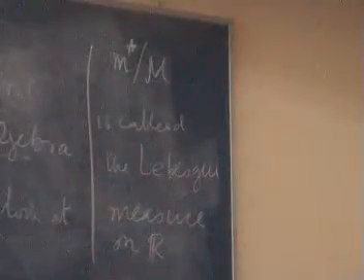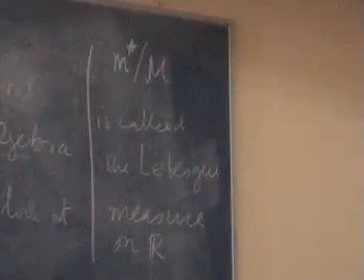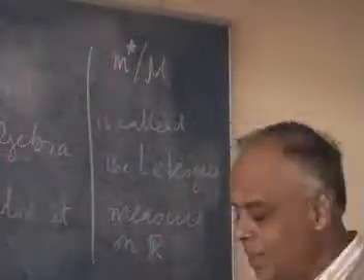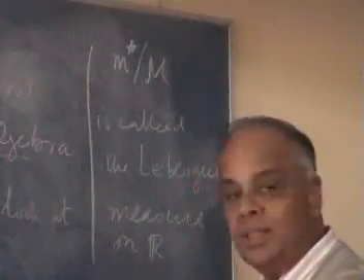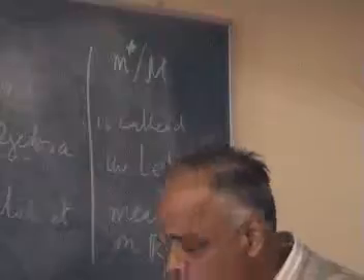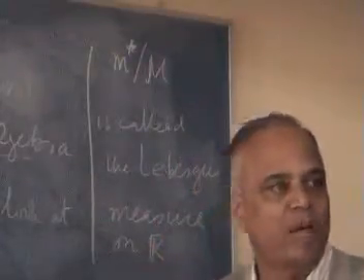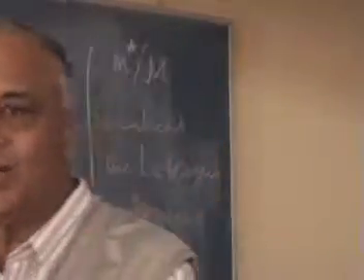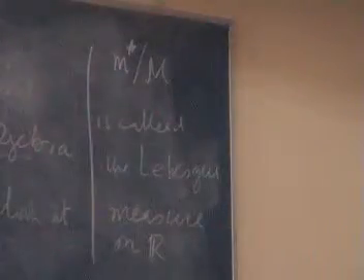Essentially, the Lebesgue measure is an extension of the Borel measure. Whatever happened there will happen here and something more. So all the Riemann integrals will come through, but something more will get integrated. And that's what Lebesgue's thesis was.